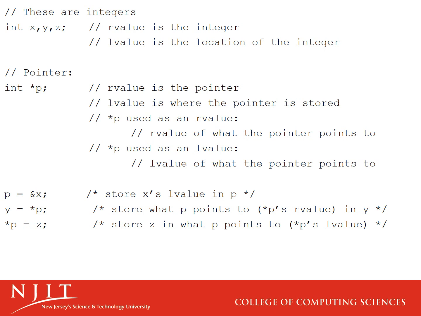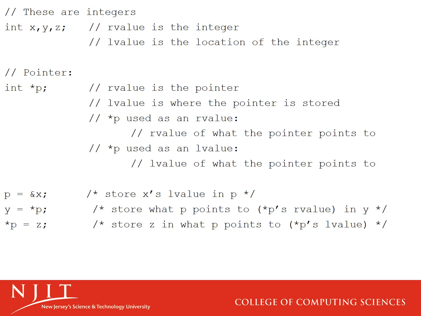A pointer is a little different. It's useful to think about pointers by recognizing that pointers actually have, I guess you could say, two different natures, right? A pointer is a variable. So the pointer has an L value. That is to say that there's an address somewhere where that pointer is stored.